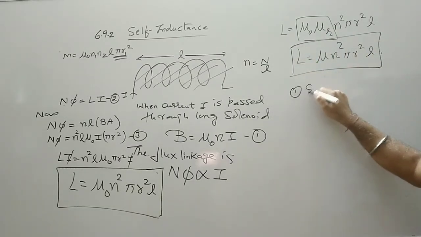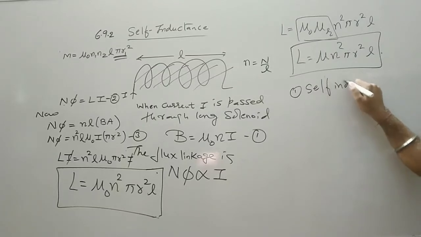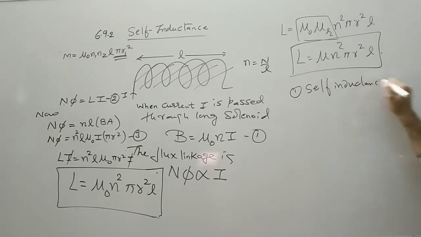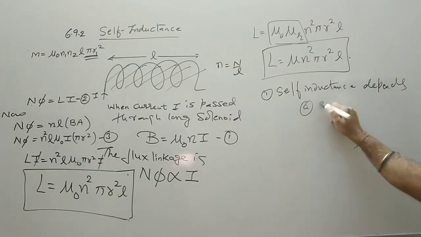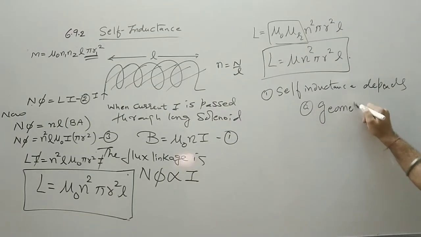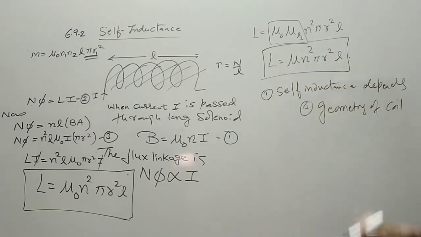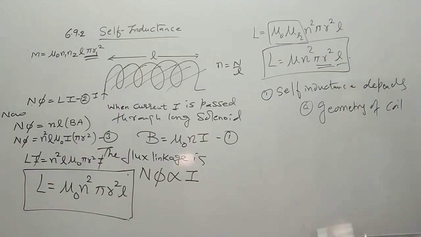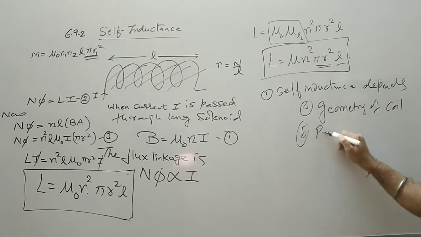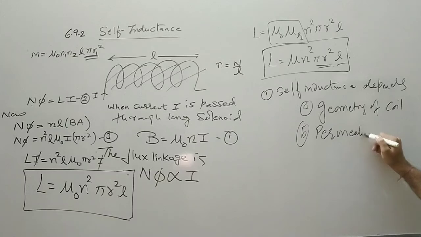So again, self-inductance depends, clearly from the formula, on the geometry of the coil or solenoid. So this is the geometry: radius and length, area. And second, the permeability of the medium.